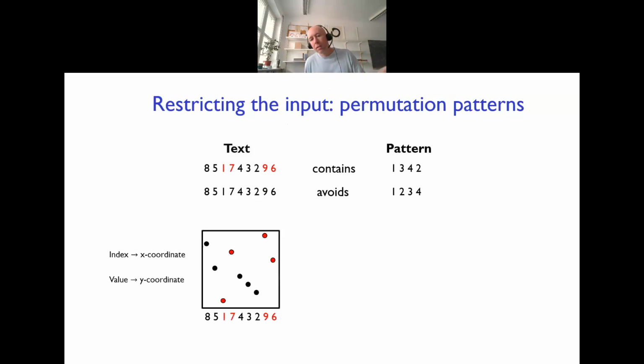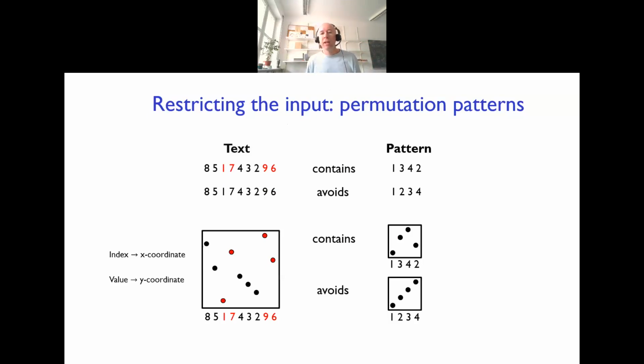We can put the sequence on the x-axis and the values on the y-axis, and as illustrated here, this sequence contains 1, 3, 4, 2, meaning that this point set representing the sequence has 4 points in the same relative position as 1, 3, 4, 2. And as we said, this sequence avoids 1, 2, 3, 4. So it's obvious that we can extend this concept of pattern containment or avoidance also to planar point sets.